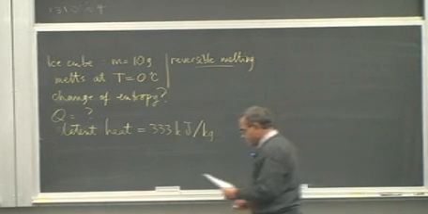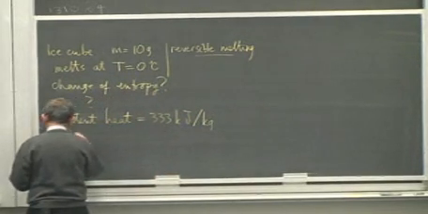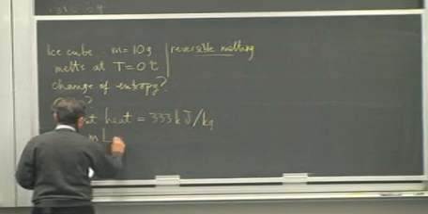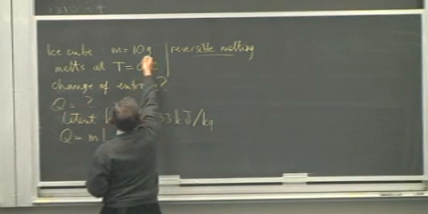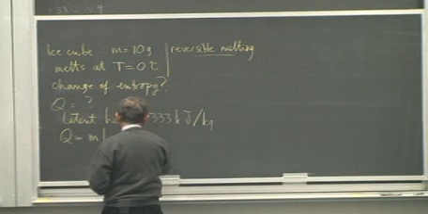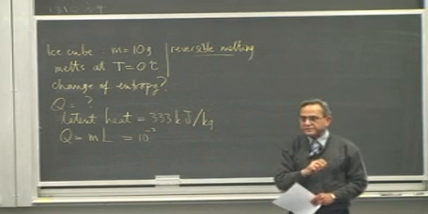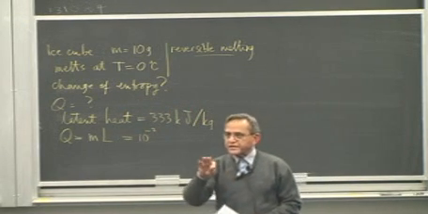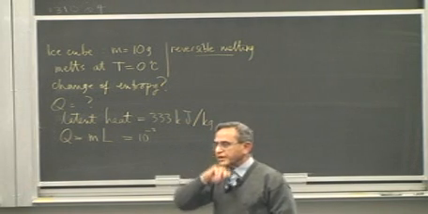With this, then, you can make the Q, the value of Q is mass times latent heat, which is mass in kilograms, 10 to the power minus 2 kilograms. Is it okay? It seems that things are not very clear. Fine.